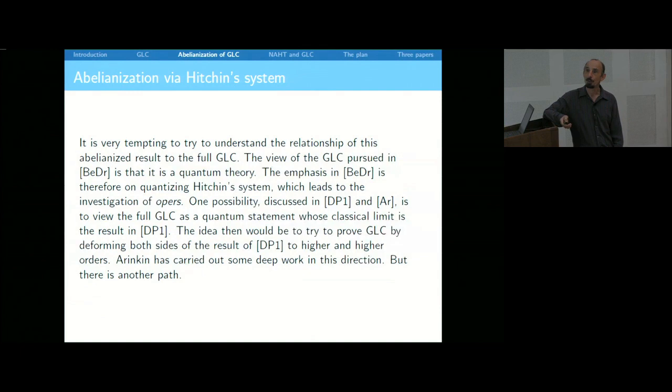So their emphasis is on quantizing the Hitchin system, which leads to investigation of opers and so on. And then Arinkin has done some work in that direction. Basically, he does the first order deformation, the first step in writing down a quantum deformation of the classical version. But it just looks incredibly difficult to extend it step by step to higher orders.